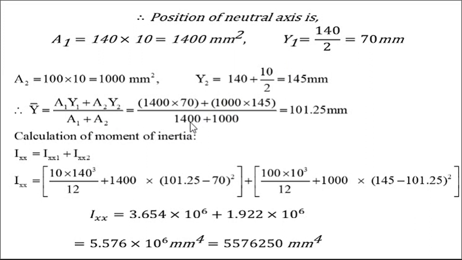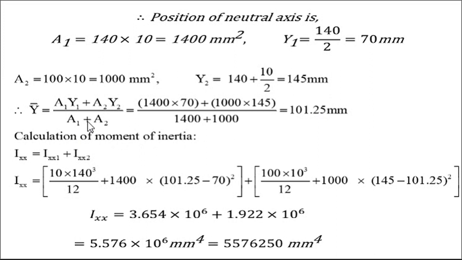If you put all these values, because we already calculated, after calculation we will get the value 101.25 mm, that is y bar. Means this is the location or position of the neutral axis from the bottom face, right?